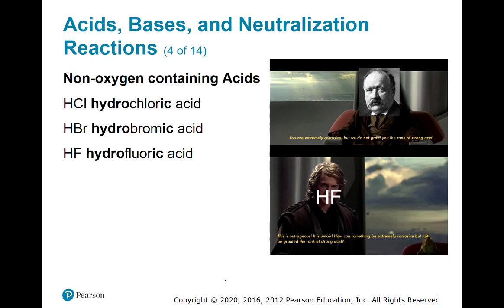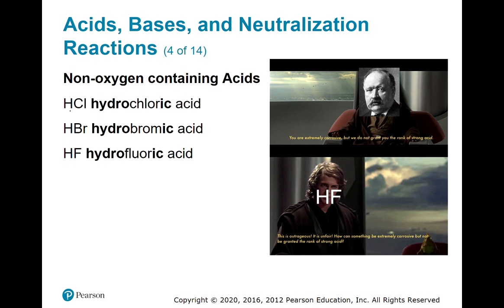Okay. And we've talked about how to name acids before, but it's worth recapping this here since we're going to see acids a lot. So if you have an acid that does not contain oxygen, the name starts with hydro. The remaining part of that name ends with the anion name of the acid, but you change the end of the anion name to ic, so generally this can involve changing ide to ic, and then we have a second separate part of the name that is acid.